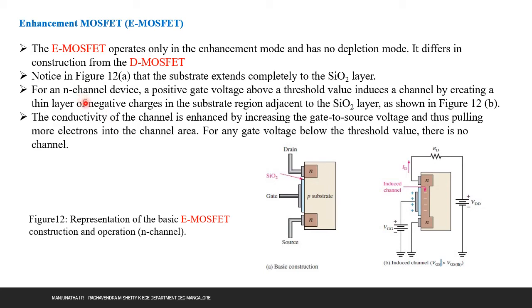Coming to the third point: for an N channel device, a positive gate voltage above a threshold value induces a channel by creating a thin layer of negative charges in the substrate region adjacent to the silicon dioxide layer, as shown in figure 12b. Now we will move from figure 12a to 12b and analyze this first.